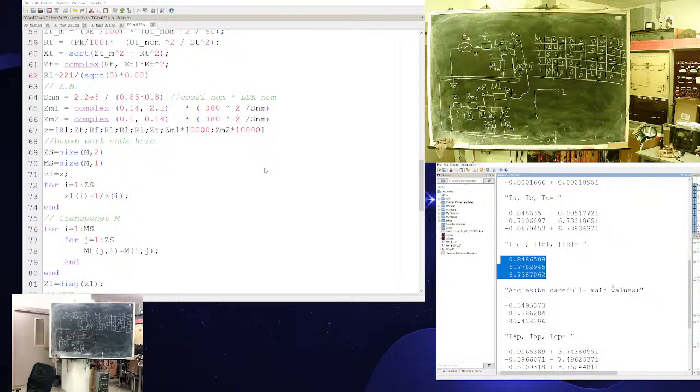Let's try 130 volts applied to the load.